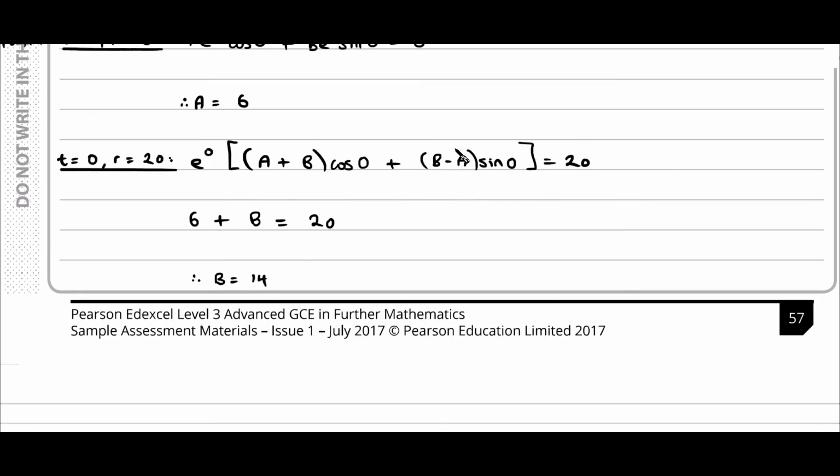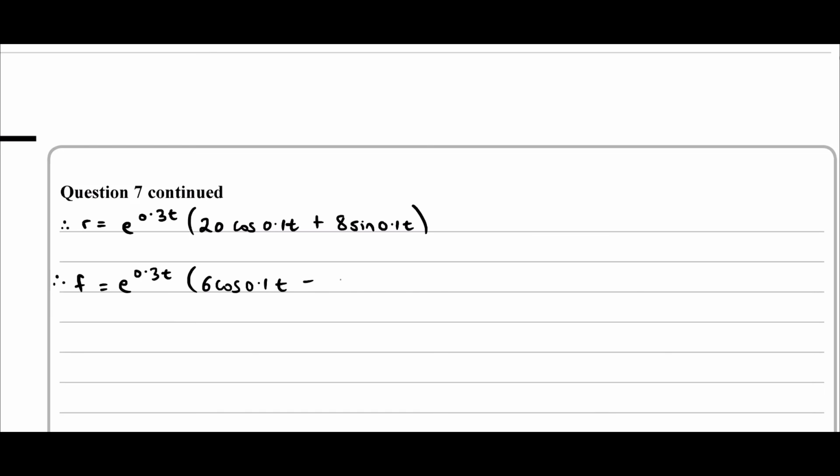So we can conclude r is equal to e to the 0.3t multiplied by 20 cos of 0.1t plus 8 sine of 0.1t, and we can also conclude f is equal to e to the power of 0.3t lots of 6 cos of 0.1t, and then we have b minus a, so we have 14 sine of 0.1t.